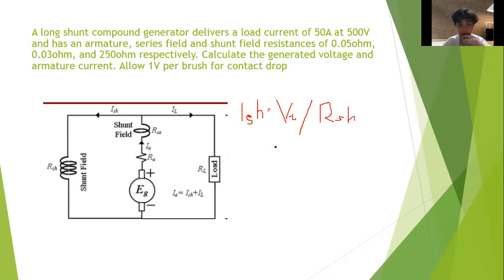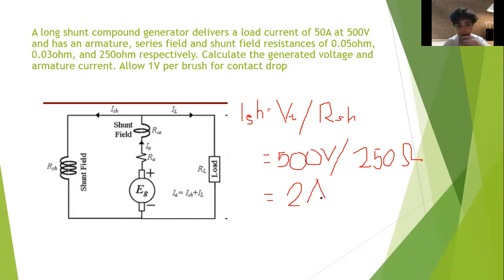Here we will have 500 volts divided by 250 ohms. For this, we will have 2 amps.